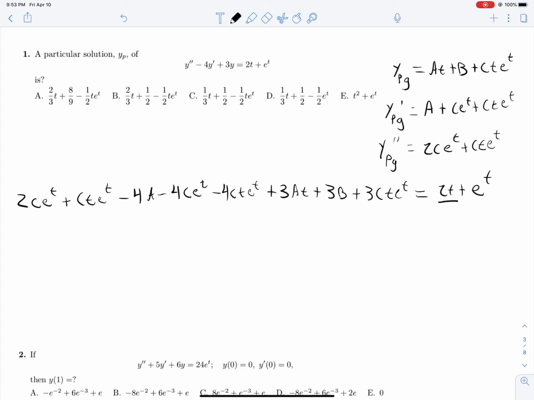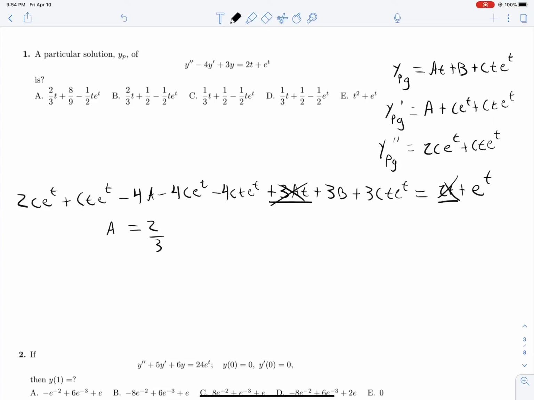So collecting all of our terms with t on them, we see that we have 3a t is equal to 2t, and I believe, yeah, we have no other t terms. So here's an equation for us that gives us a is equal to 2 over 3.